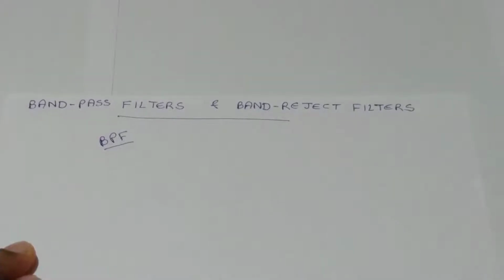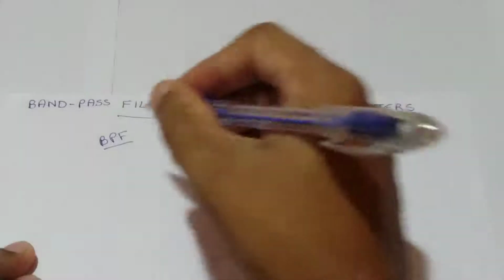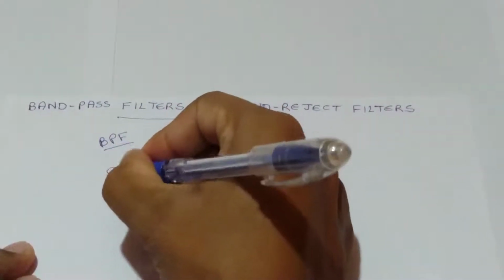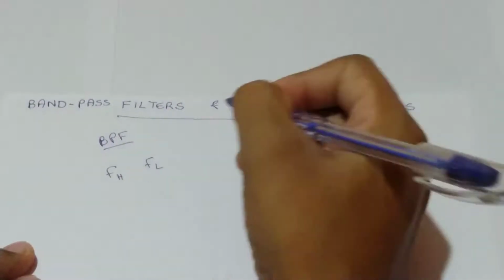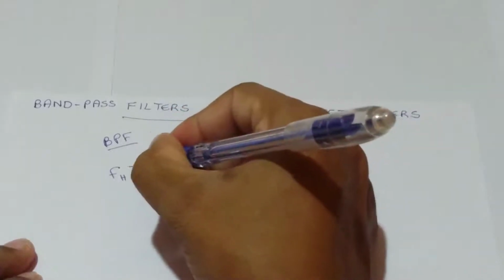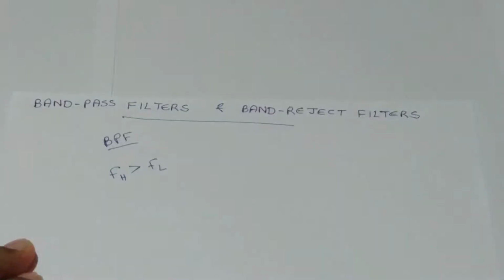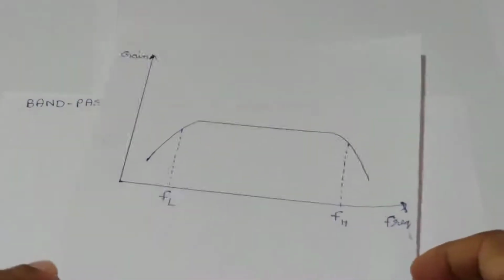So a band pass filter has a pass band between two cutoff frequencies FH and FL, such that FH is greater than FL. When we consider the frequency response of the band pass filter, it can be like this.